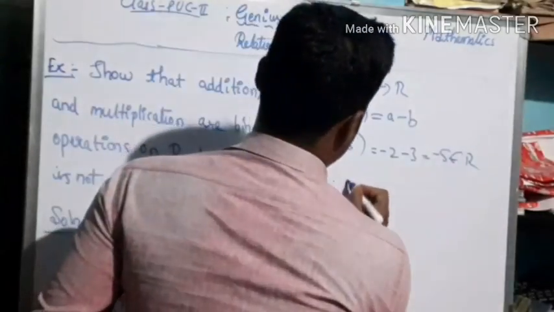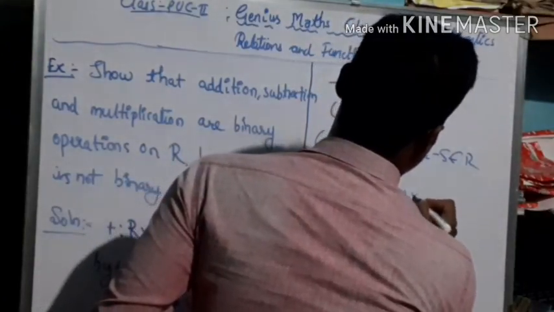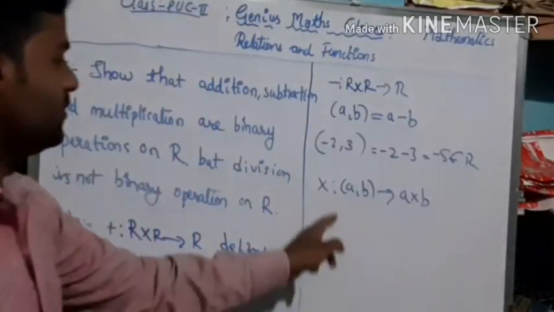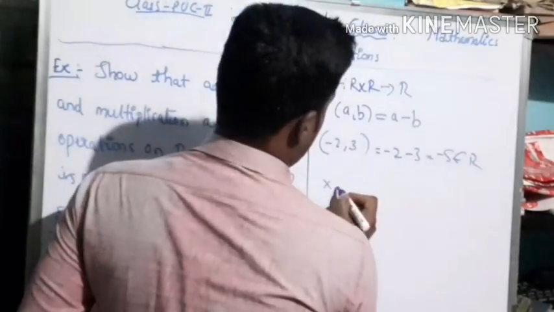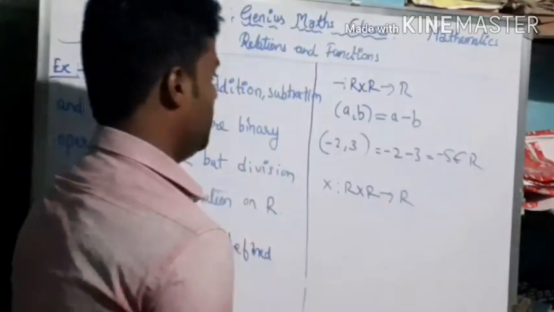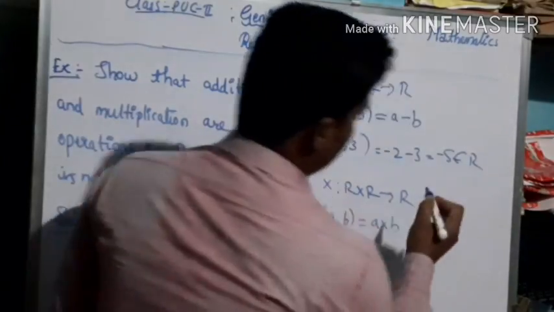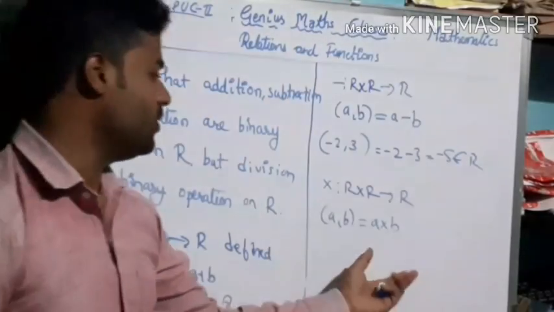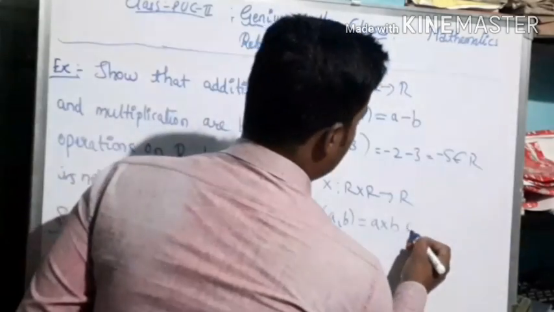Similarly, multiplication. If I define multiplication, and you consider any numbers which belong to the real numbers, the result is also a real number.